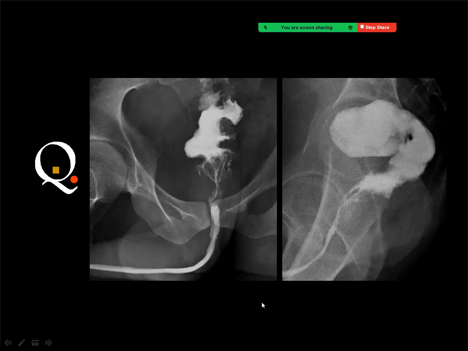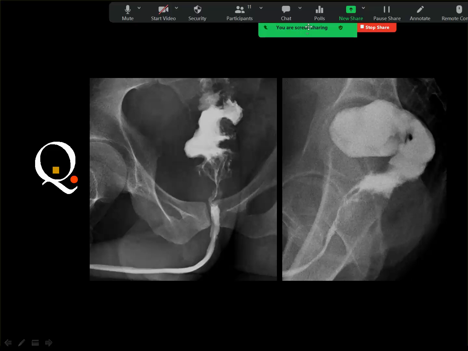Okay, this is an ascending urethrography, and you can see an abnormal appearance. Instead of opacifying the urinary bladder, you got opacification of the colon.